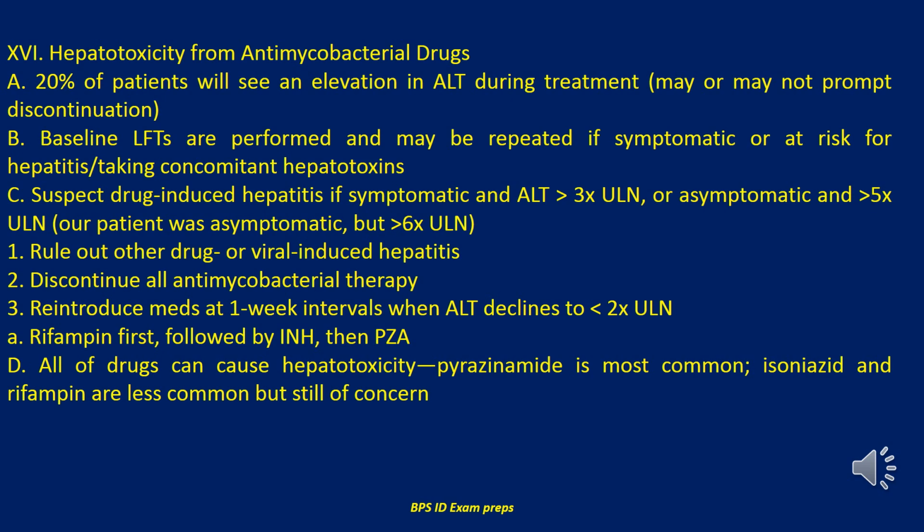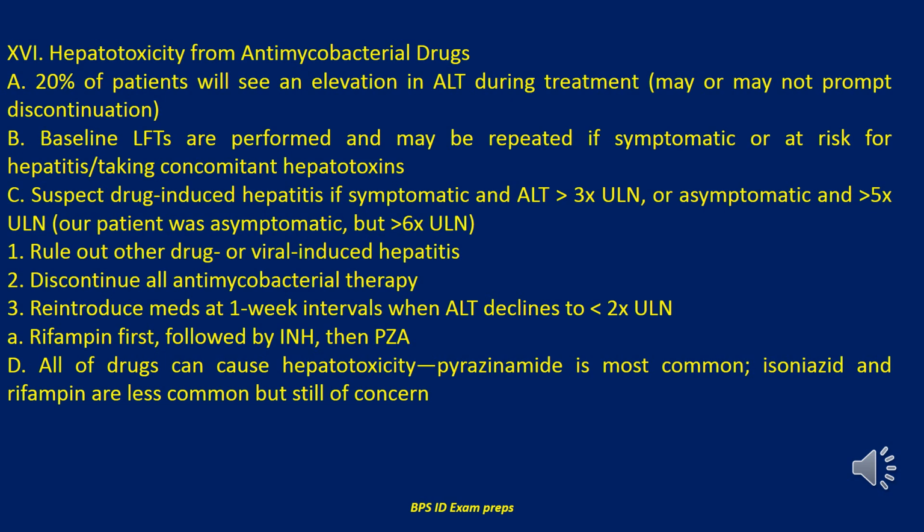Suspect drug-induced hepatitis if patient is symptomatic and ALT is greater than 3 times the upper limit of normal, abbreviated as ULN, or asymptomatic and greater than 5 times the upper limit of normal, ULN, if our patient was asymptomatic, but greater than 6 times the upper limit of normal, ULN.